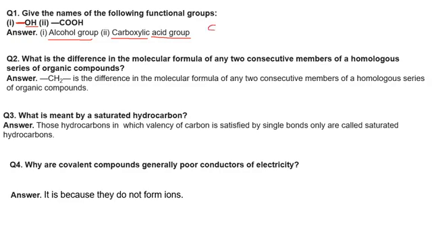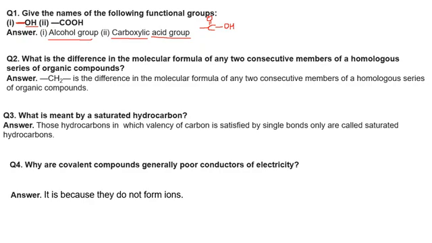So C, double bond. Carbon always makes a double bond with oxygen, children, and one bond with OH and the other bond with any carbon compound. It can be the parent chain, it can be alkane, alkenes, alkynes, right?